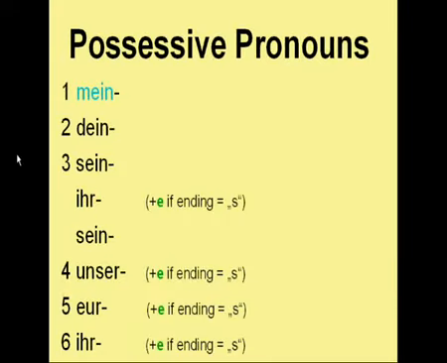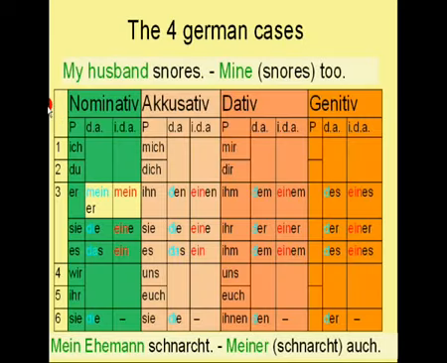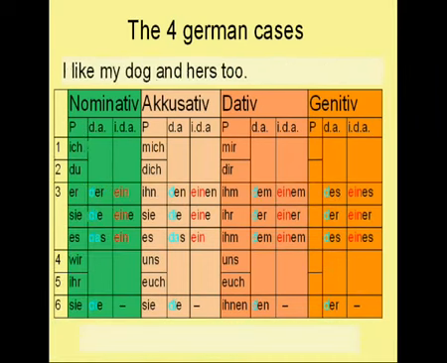So the possessor is still in the first person singular, but this time, because mein replaces a noun instead of accompanying it, we need to replace this word here with the word stem mein. And so we get this sentence: Meiner schnarcht auch.